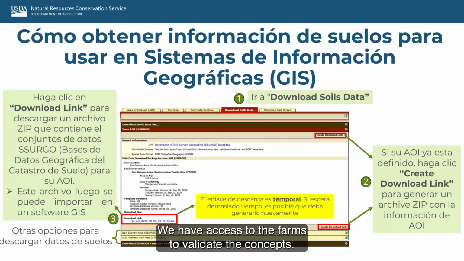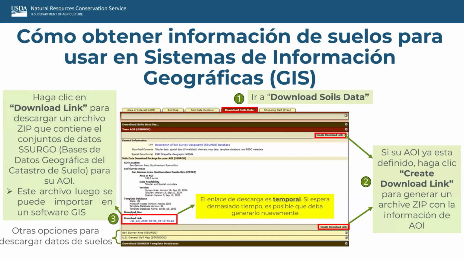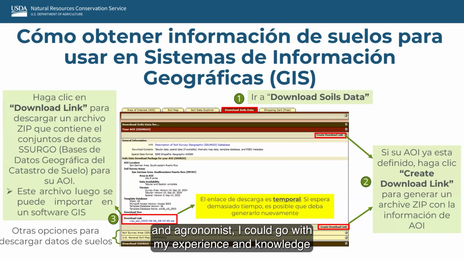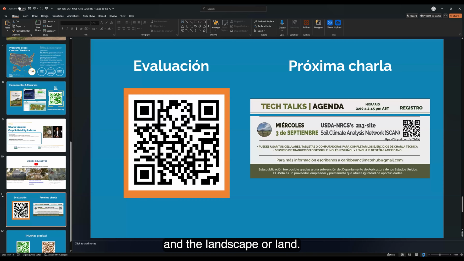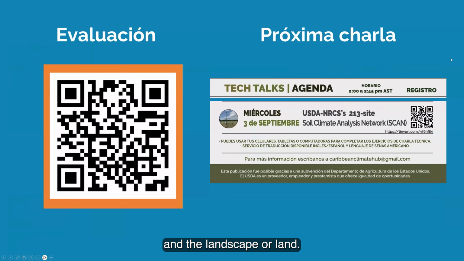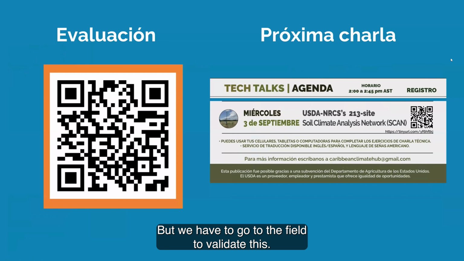We have access to the farms to validate the concepts. So as a soil scientist and agronomist, I can go with my experience and knowledge and say these are the properties that impact the most and the landscape markings that will validate this, but we have to go to the field to validate this.